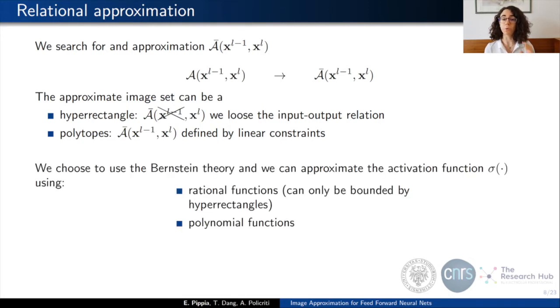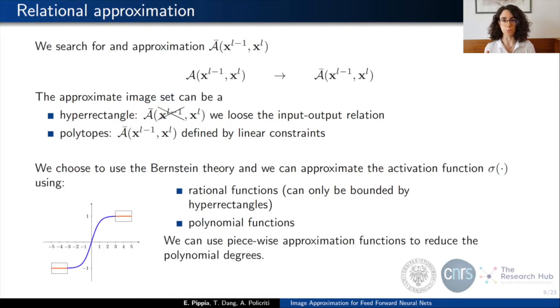As I told you before, we want to do it using the Bernstein theory, and the Bernstein theory works for polynomial functions, so we want to approximate the activation function, in general also with rational functions, but we will see that in this case we are able to bound the image just with hyperrectangles or with polynomial functions.